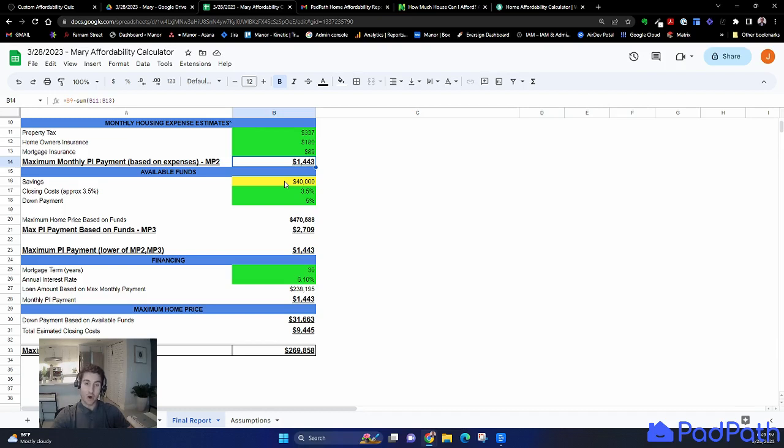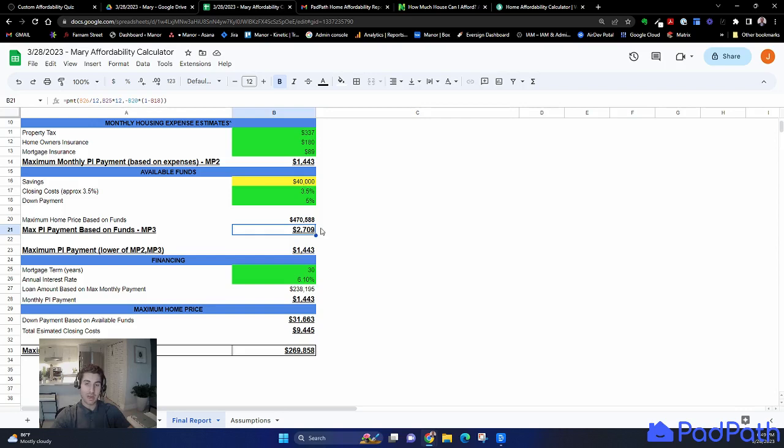And so the calculator also solves for a situation where an individual would not have sufficient funds. In this case, Mary indicated that she has $40,000 in funds. And so strictly based off of her funds, she can afford a $470,000 home, right? So that's a max principal and interest payment of $2,700.